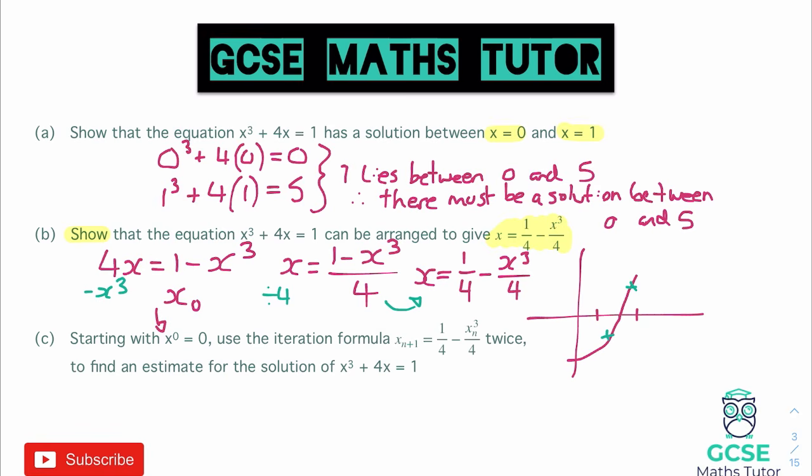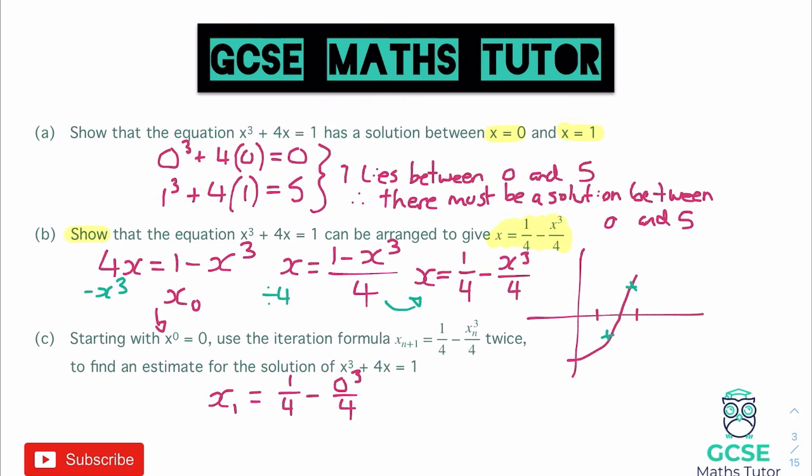So when we do this with iteration, obviously I'm hoping you already know this topic to a certain extent, and if you don't, again, don't forget I've linked the full video in the description. But for this particular question here, all we're going to do is substitute 0 into the equation, and that will give us x1. So x1 will be equal to a quarter take away 0 cubed, because we're subbing the 0 in place of x, over 4.